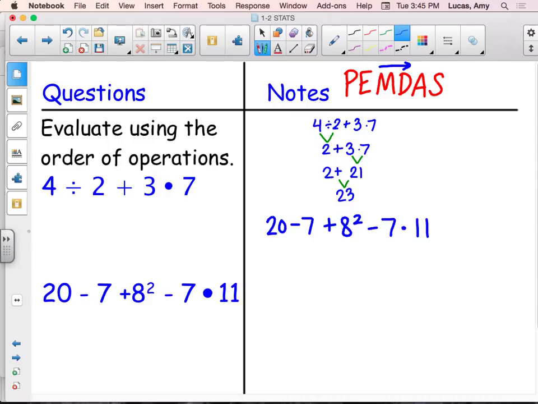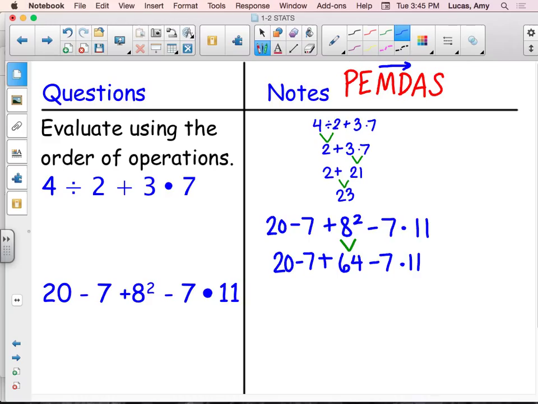This problem does not have any parentheses. It has an exponent though, so I need to start with the exponent. 8 times 8 is 64. The rest of the problem, 20 minus 7 plus 64 minus 7 times 11. The rest of the problem just comes down. One step at a time.